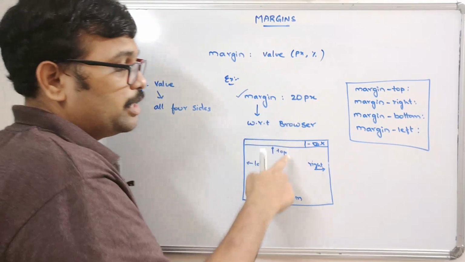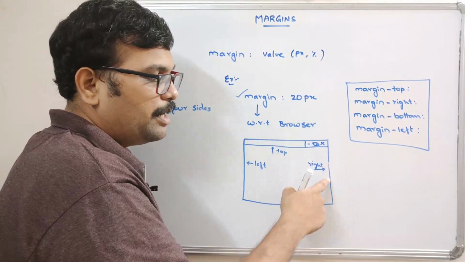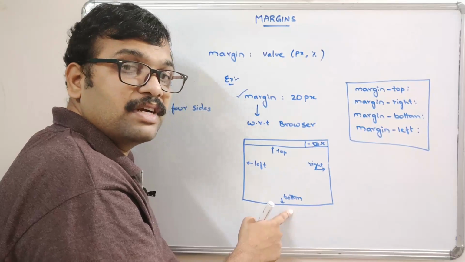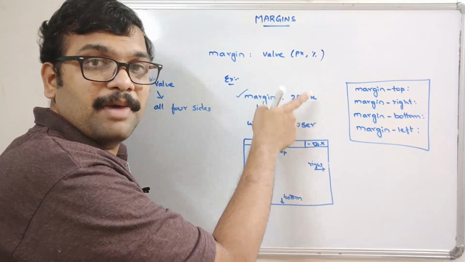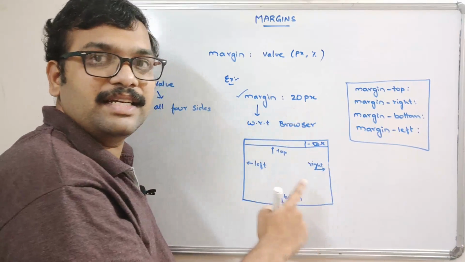Okay, so the top margin 20 pixels, right margin 20 pixels, bottom margin 20 pixels, and the left margin 20 pixels. So the same margin will be applied for all the sides.